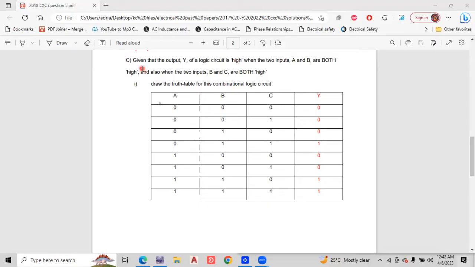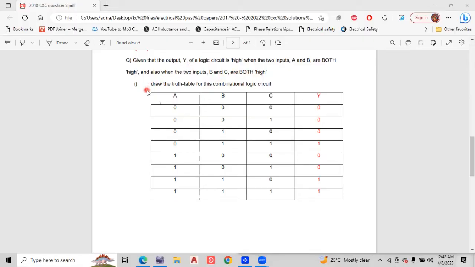It says, given that the output Y of a logic circuit is high when the two inputs A and B are both 1, and also when the two inputs B and C are both 1.